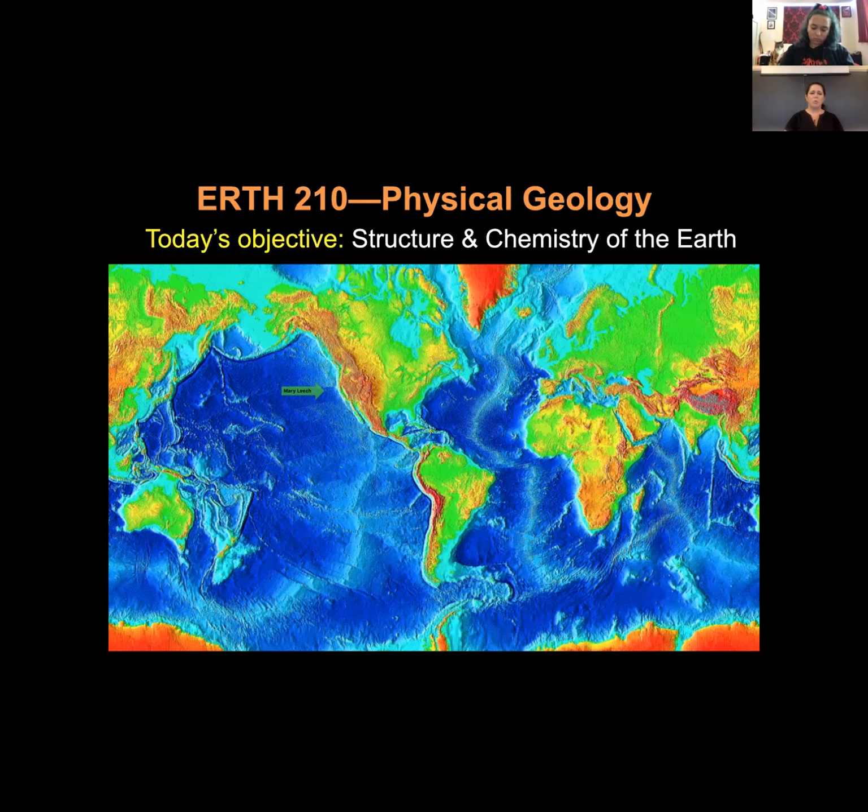Those ridges are high points for a reason, because of the internal heat and the chemistry of the rocks in those places. So that's what this lecture is about, really, explaining how we got here, how Earth started off, and how we got to what the continents look like today.